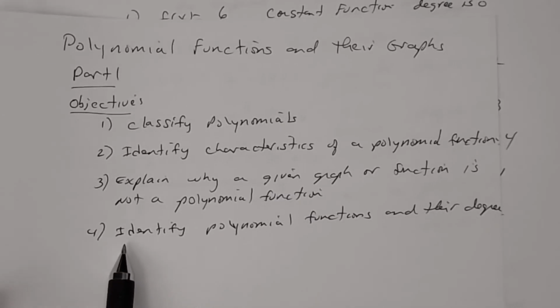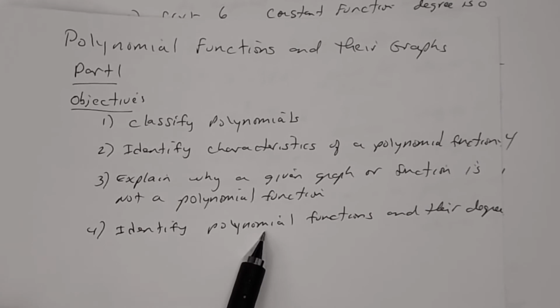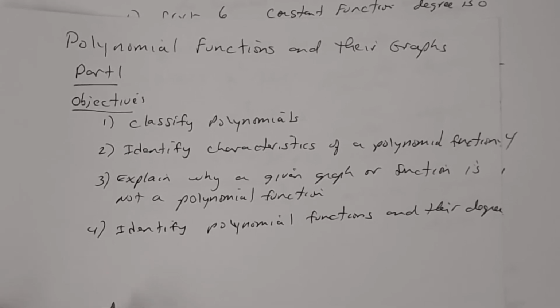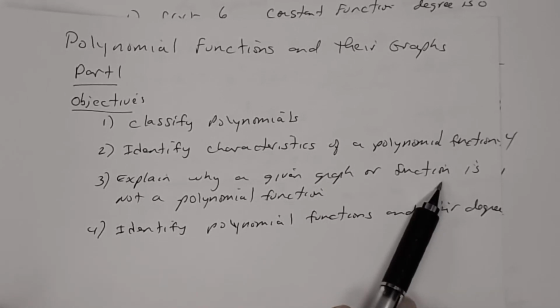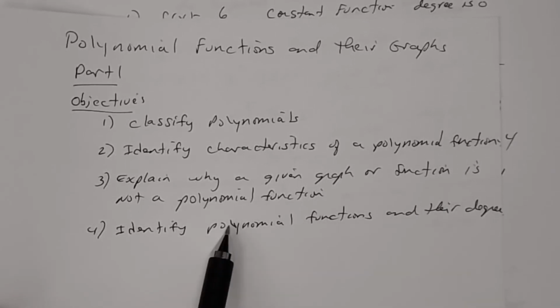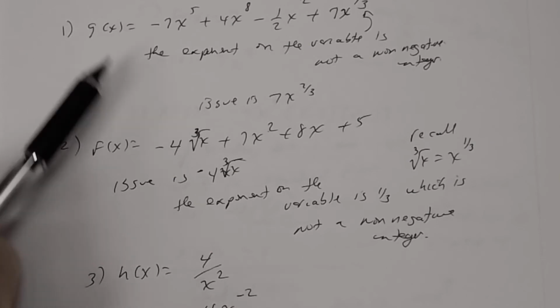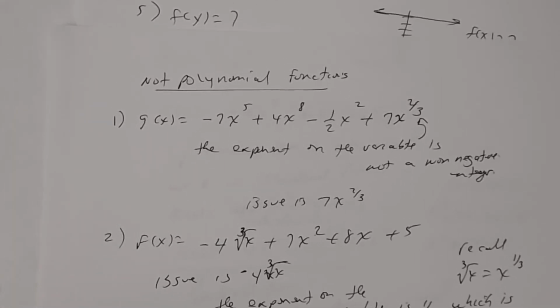We looked at identifying whether a function was polynomial or not, and we know how to find the degree. We also looked at why a function is not a polynomial function. Those were these right here, not polynomial functions.